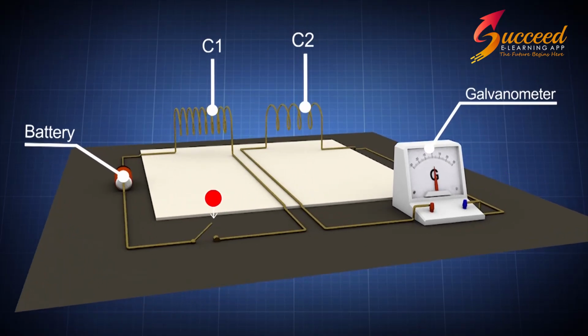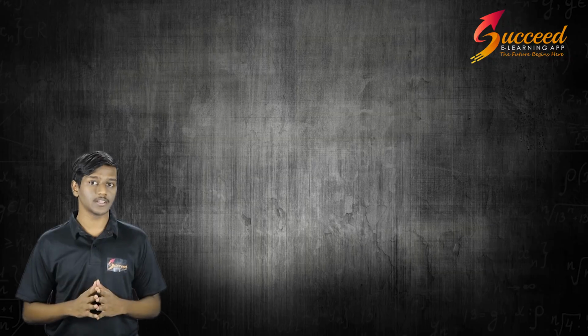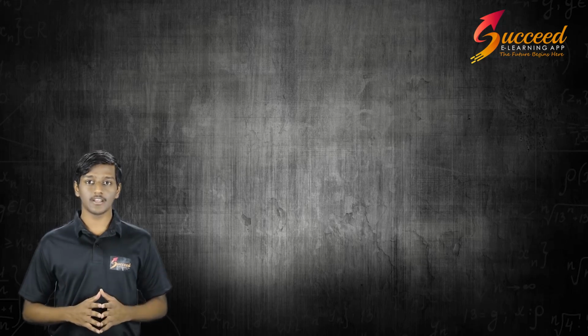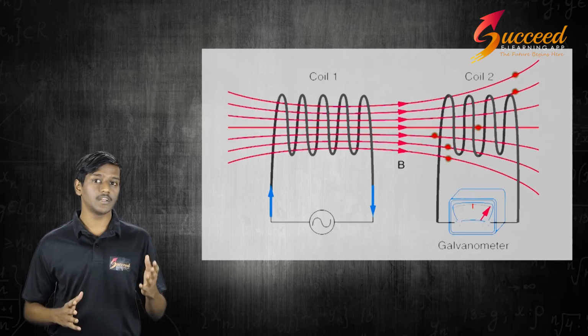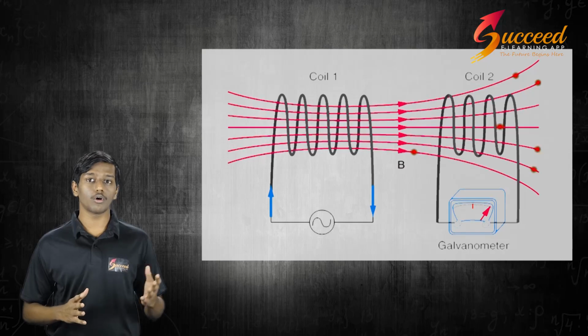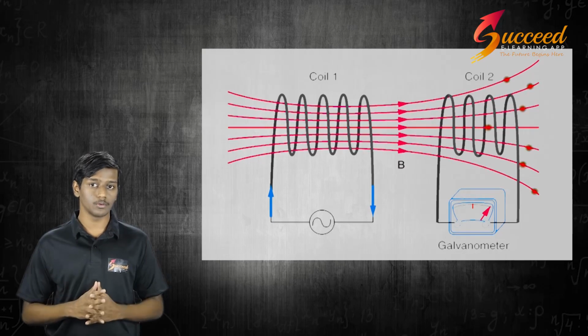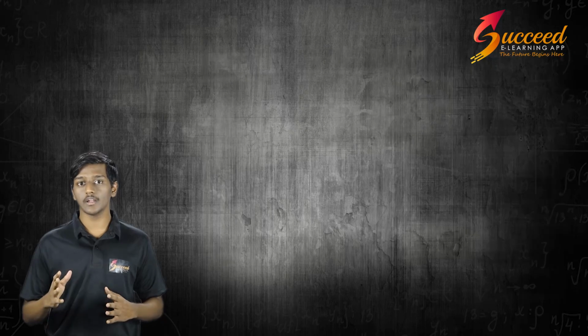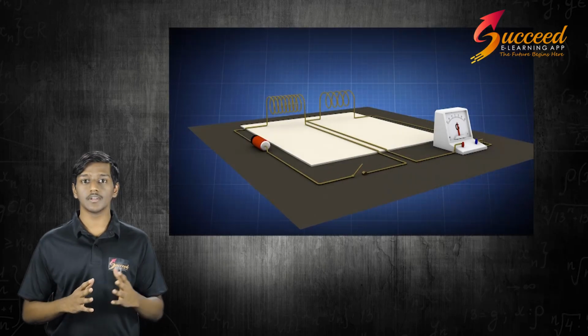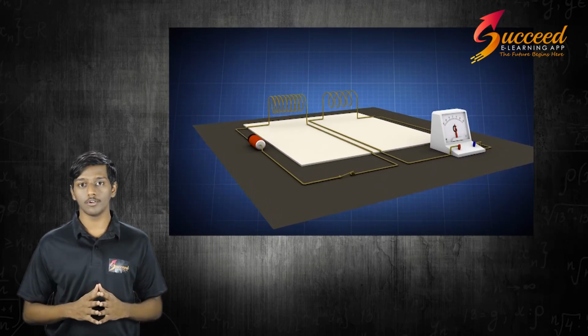When we remove the plug key, the deflection is in the opposite direction. When there is a change in electric current in coil 1, the magnetic field associated with it also changes. This affects the magnetic field around coil 2, and this induces a current in coil 2, and thus we can see the deflection in the galvanometer.